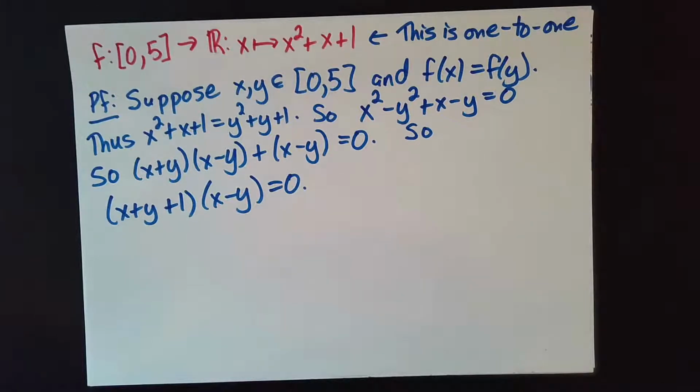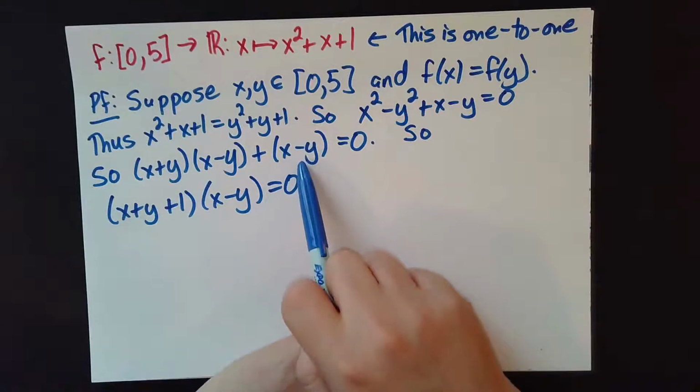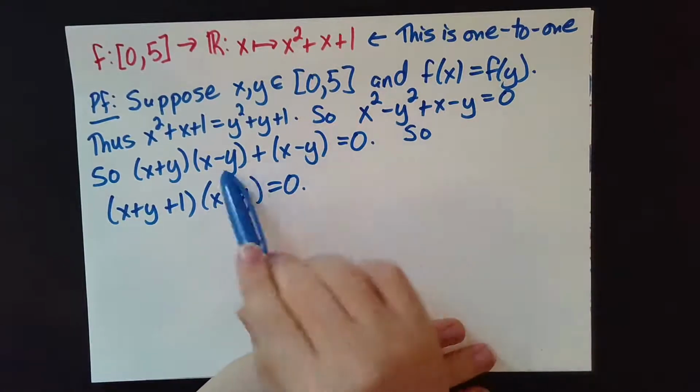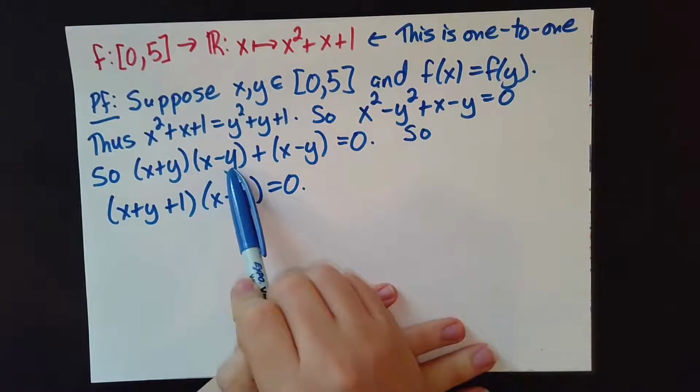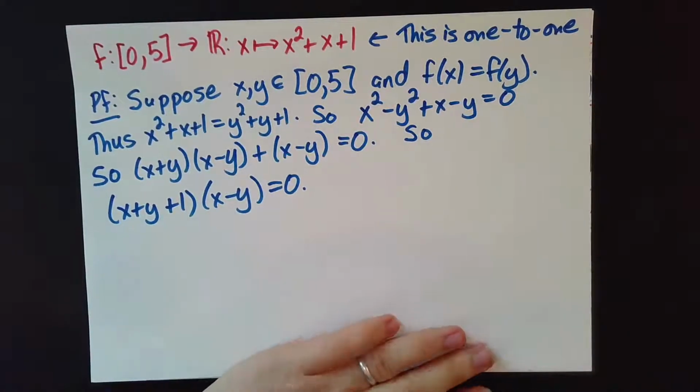Okay, and so all I did here, by the way, was to factor out an x minus y from this. This is 1 times x minus y. This is x plus y times x minus y. So I wrote it out like that.